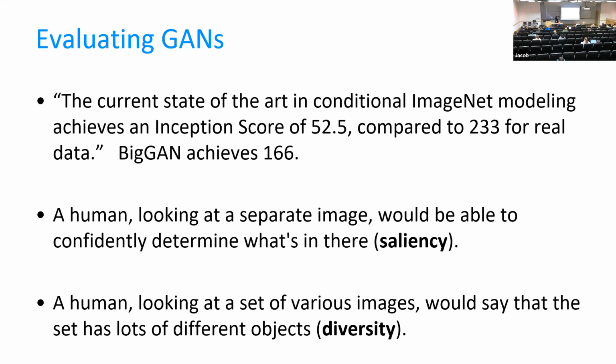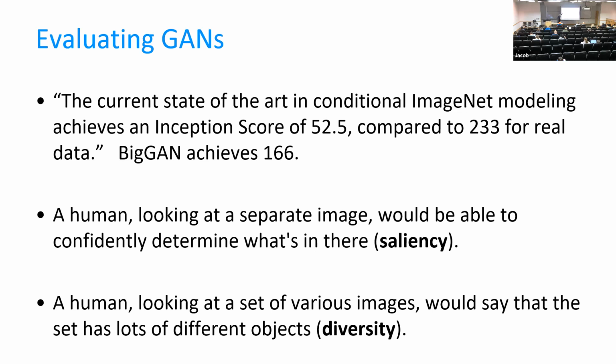Two, diversity: this measures how well our model avoids mode collapse. Can we generate rocket ships and mushrooms and dogs and bubbles and things like that? We're going to wrap these two objectives in a single metric called inception score. For inception score, higher is better.